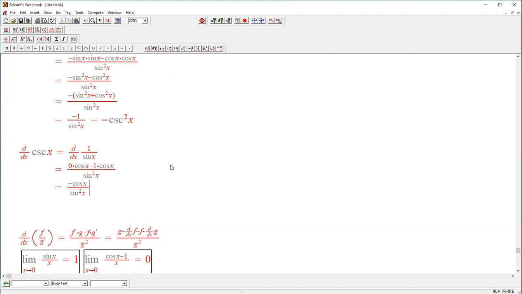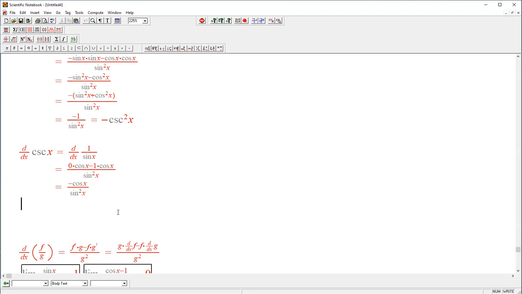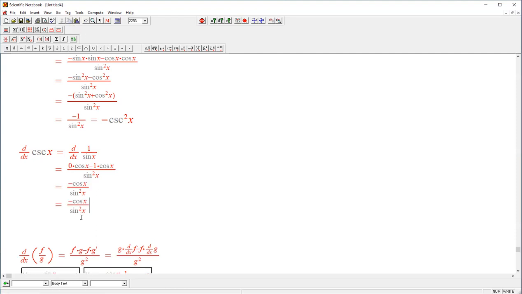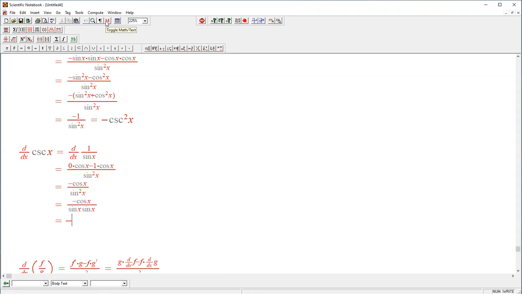Okay, and there are multiple forms for the derivative of cosecant, right? And you can write it as, right, sine squared x is sine x times sine x, right? And cosine x divided by sine x, that's cotangent. So you can also write it down. So this will be a really good review. So there's going to be negative cotangent x, right? Because cosine divided by sine is cotangent.